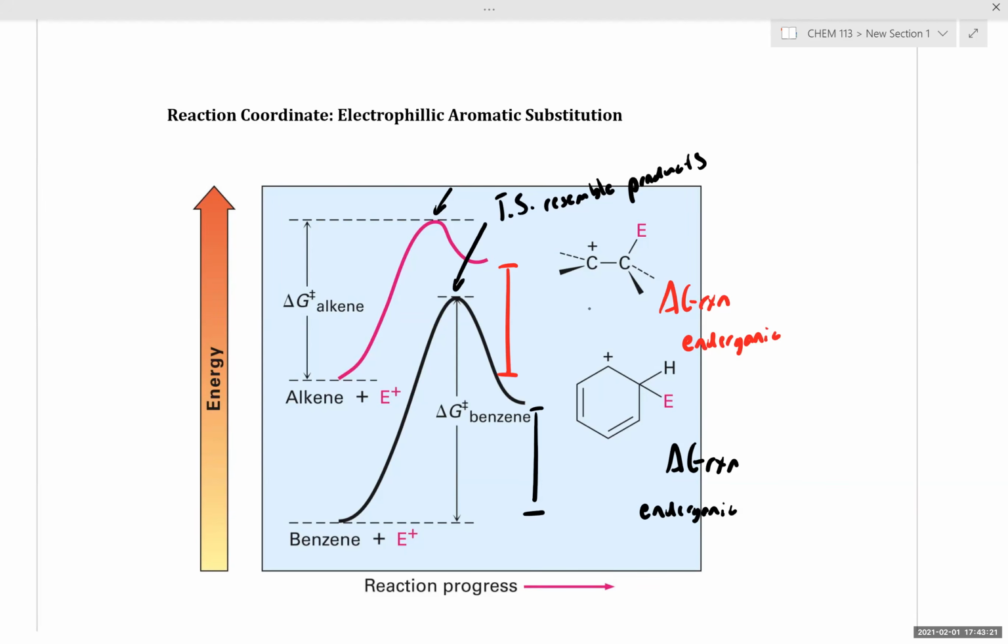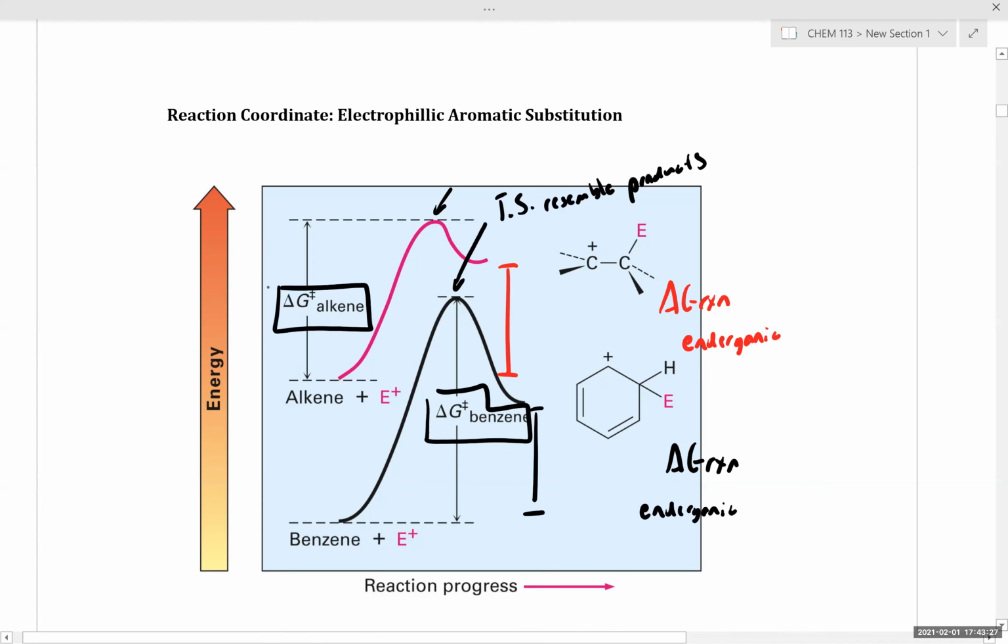If we think about the activation energy, and we compare the activation energy for a benzene ring undergoing substitution to an alkene undergoing addition, what do we notice for electrophilic aromatic substitution? Is the activation energy larger or smaller in general? Wait, for which one?